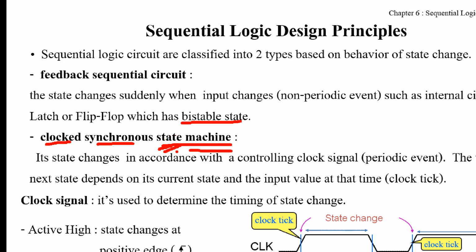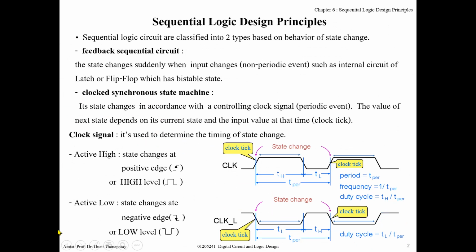And this circuit will change state synchronized with the clock. What is a clock? Clock, tick tock, right? Clock is the signal used to determine the timing of state change. Namely, when the clock ticks, the circuit will change state. For the details, you will learn later.